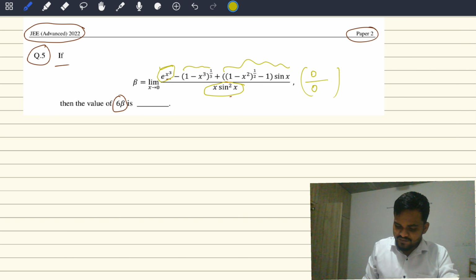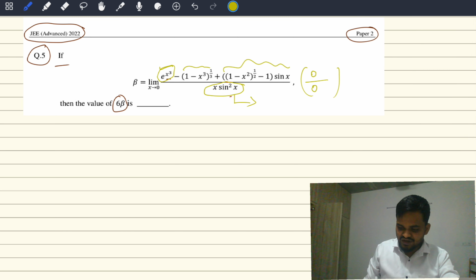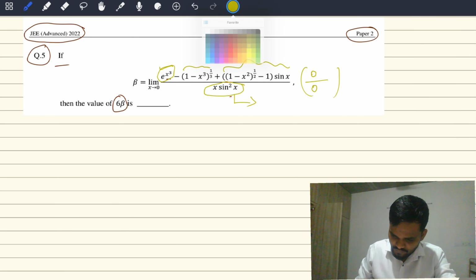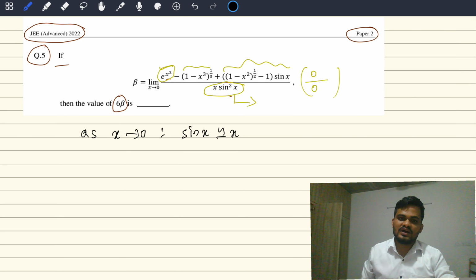So we will see here. First we try to look at the denominator. As we know, as x tends to 0, sin x is approximately near about x.